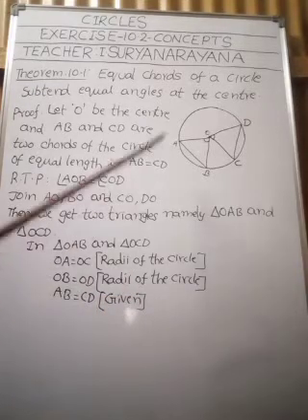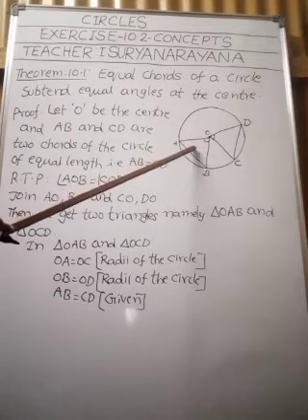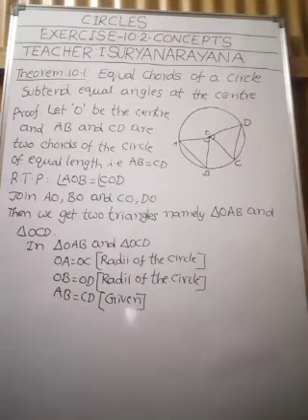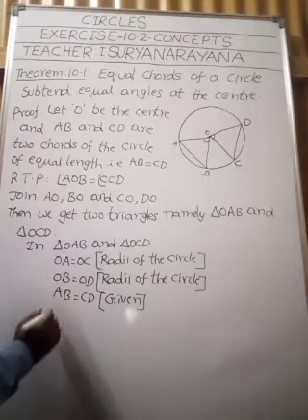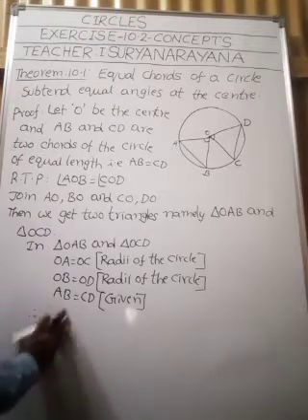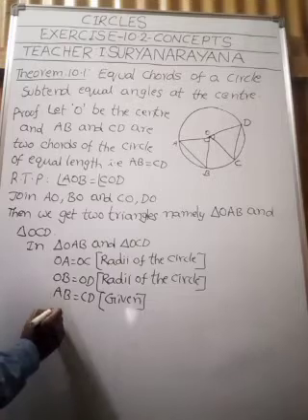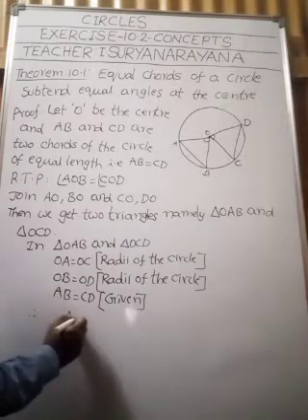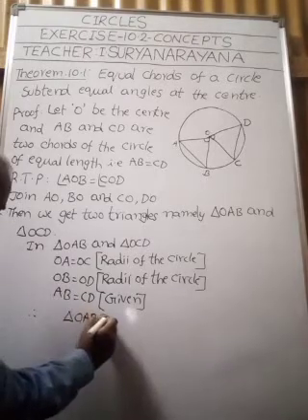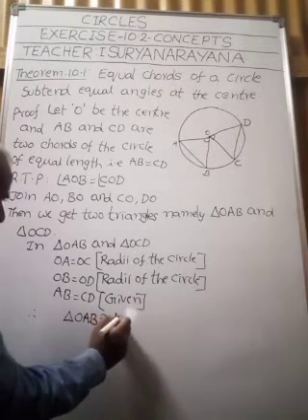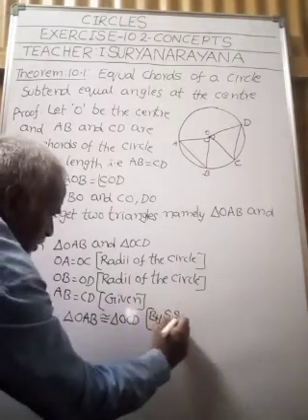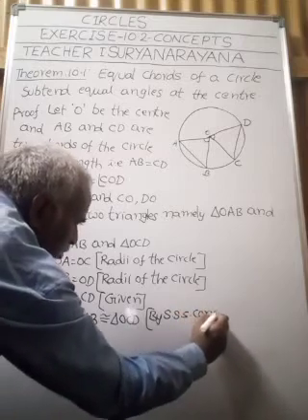Okay, my children. So, in these two triangles, three sides in this triangle are equal to the corresponding three sides in the second triangle. Then we can say that triangle OAB is congruent to triangle OCD by SSS congruence rule.